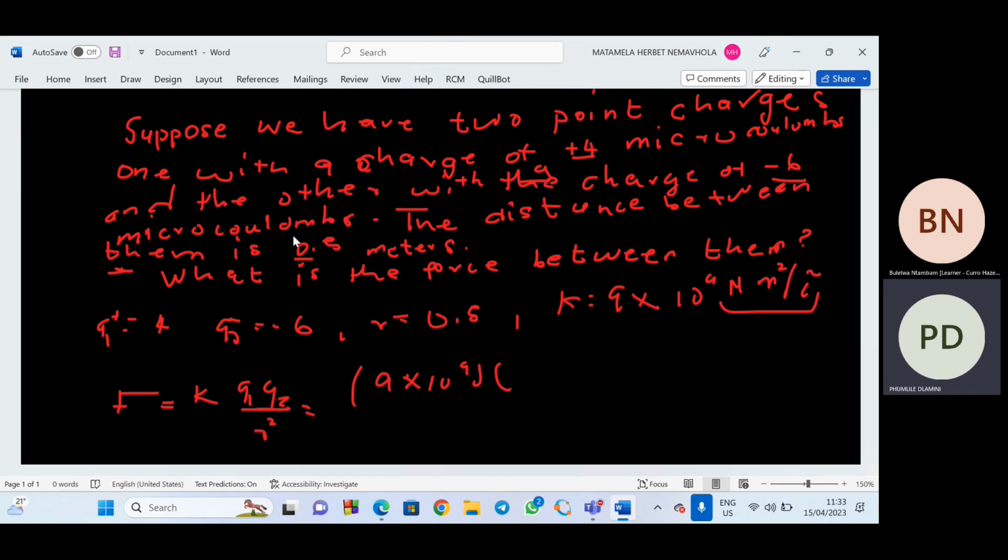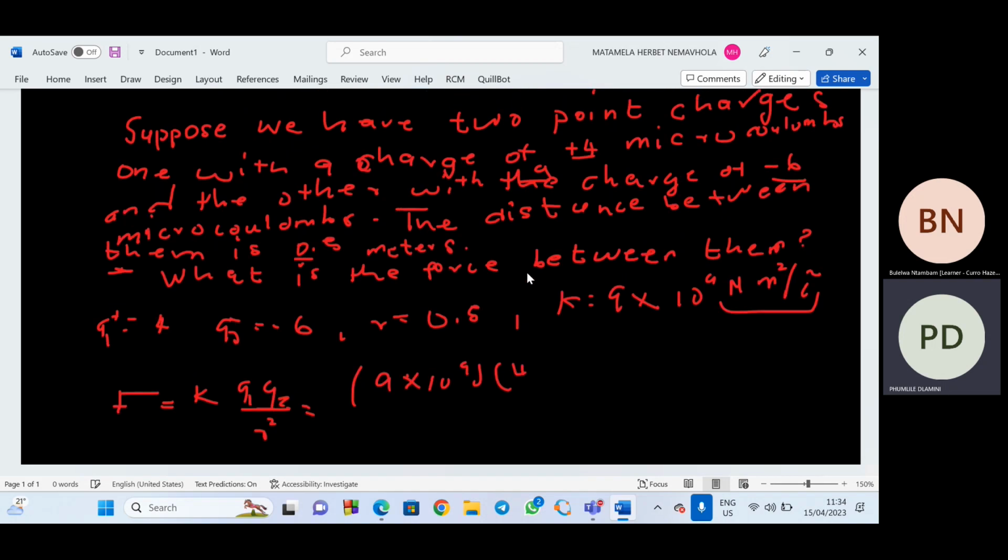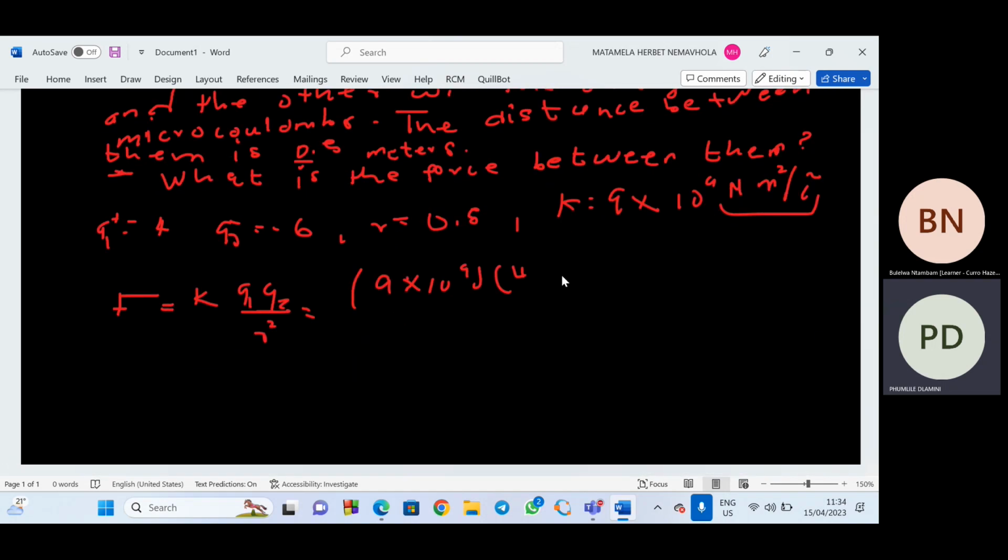Between these two, we're going to check here. The first charge is 4 microcoulombs. Microcoulombs means 10 to the power negative 6, so we say 4 times 10 to the power negative 6, in brackets.